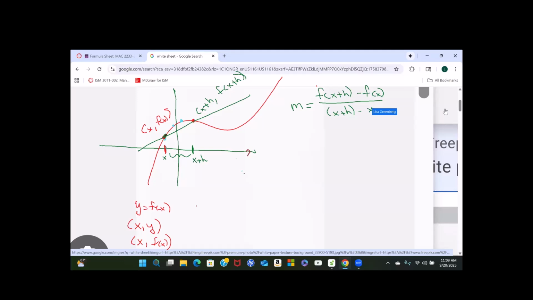Do you agree with me there? This is point 1, and this is point 2. This is y2 minus y1 over x2 minus x1. Yeah, it makes sense. Perfect.